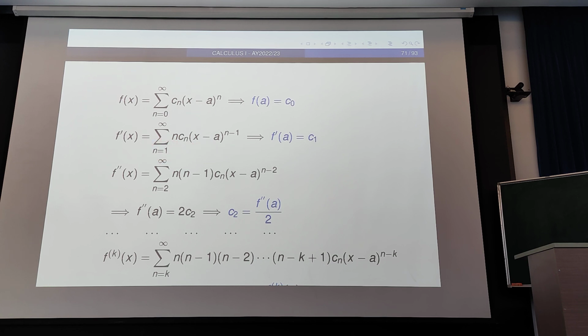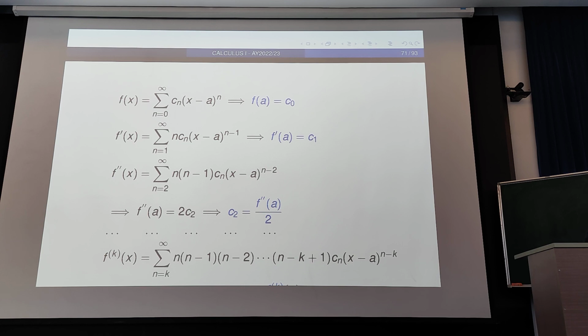The zero-order term now corresponds to n equal to 1. That means the zero-order term is 1 multiplied by c1, which is equal to c1, right? And then if you substitute x equal to a into this power series, you will get this coefficient c1, and it is equal to the first derivative of f at a.